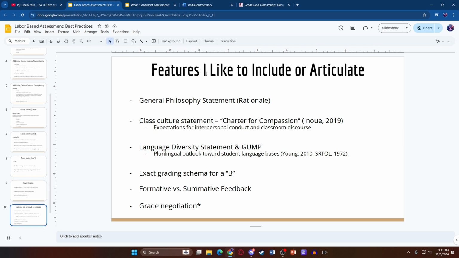And so my language diversity statement states explicitly, I will not dock points if you choose to bring in one of your other languages, right? If you choose to write in a way that reflects your speech patterns, so forth and so on, I'm not going to knock off points. I may ask questions, right? If I don't understand something, I may ask for clarification, but you're not going to lose any credit for writing in AAL in my class, right?